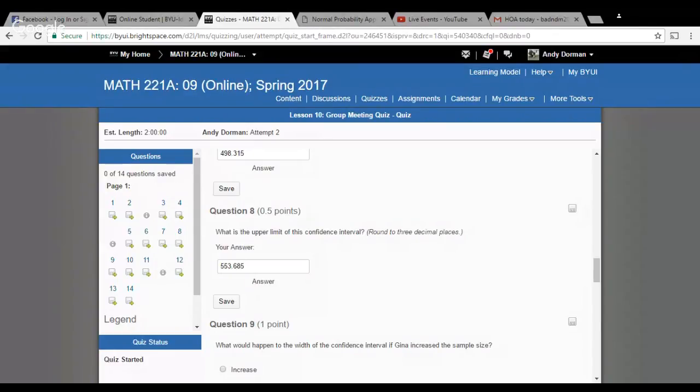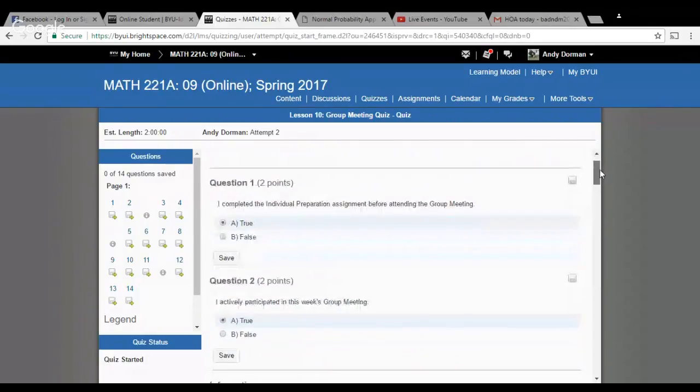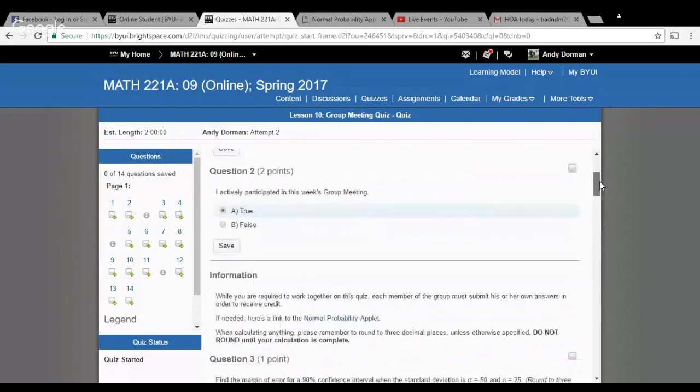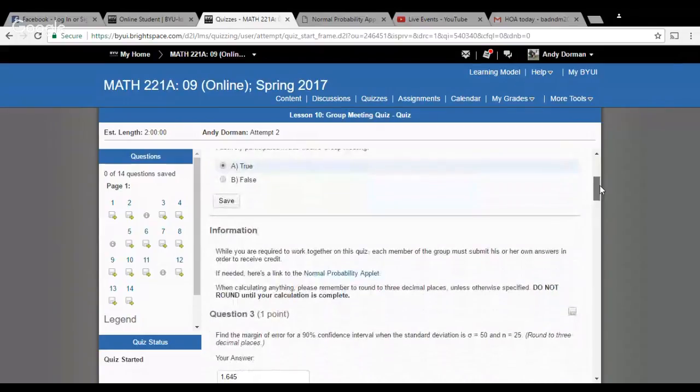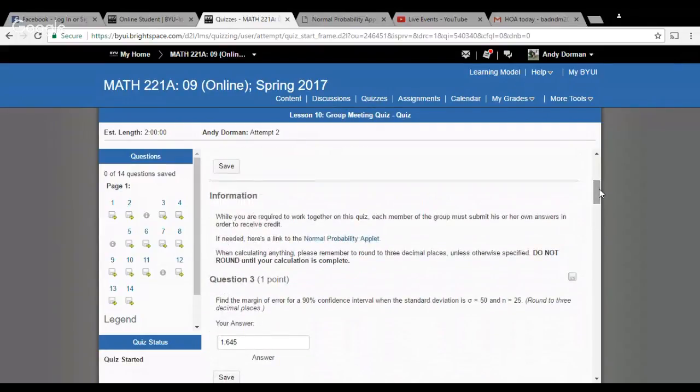Okay, so on question number 1 and 2, those should be automatic yeses there. If we can go to question number 3, we need to double check this right here for a margin of error for a 90% confidence interval when the standard deviation sigma equals 50 and n equals 25.